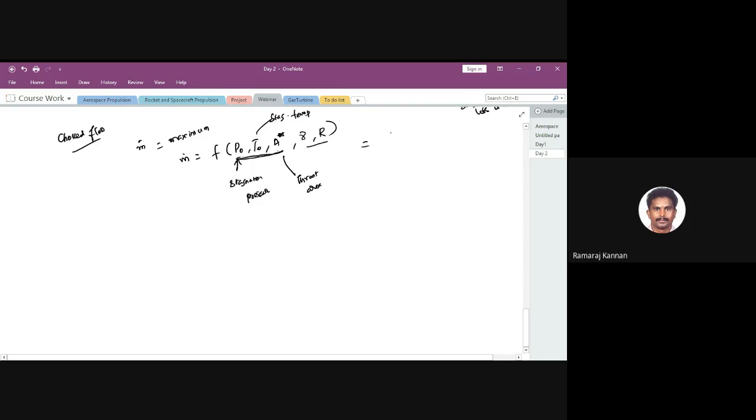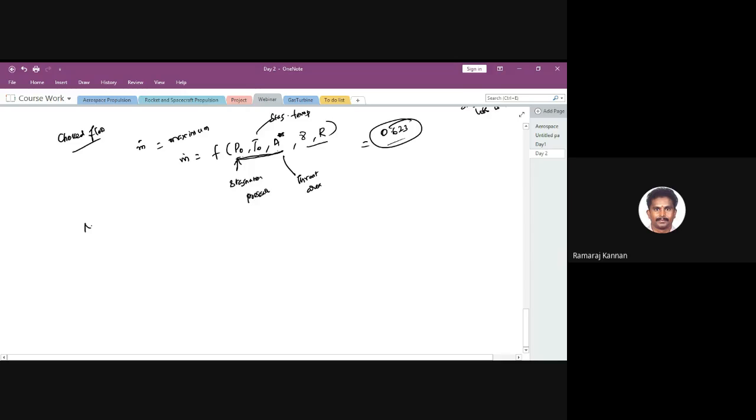For air it is 0.0404 or so times... like that, divided by square root of RT naught. Go and check your compressible flow book, by Yahya or Radhakrishnan or Anderson, and get the relations. Surely they are going to ask you in the examination how to calculate your mass flow rate for a choked condition, what the maximum mass flow rate would be, and what the relation for finding that is. Please keep that in mind.